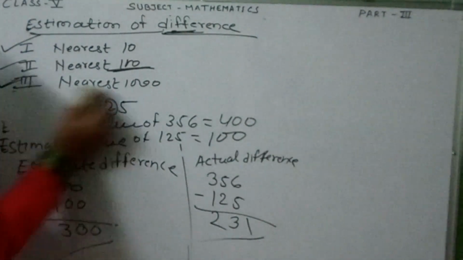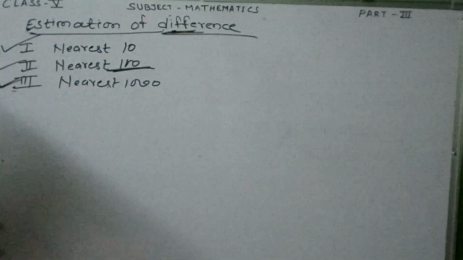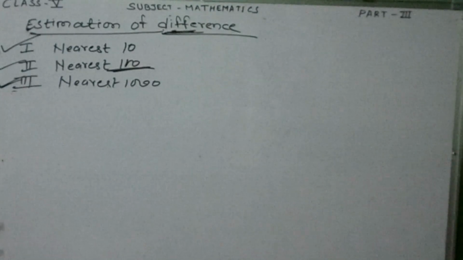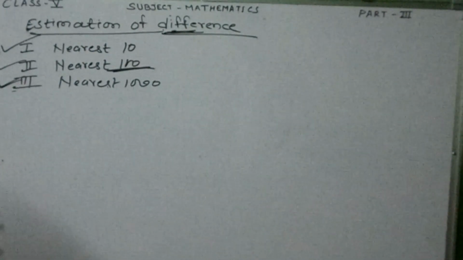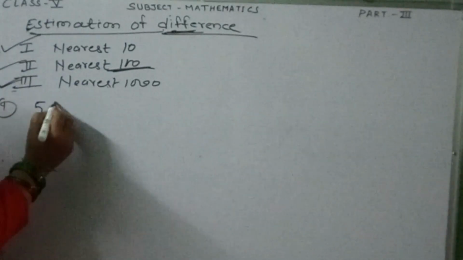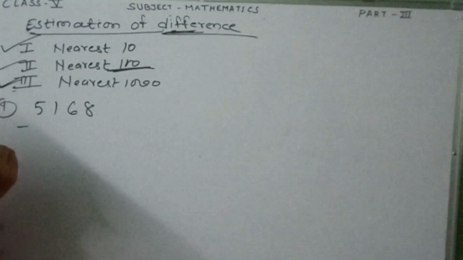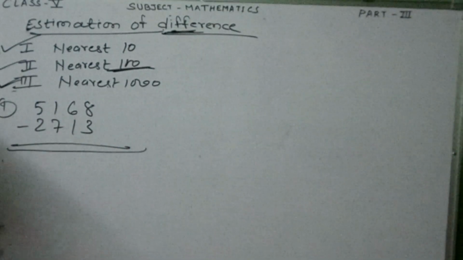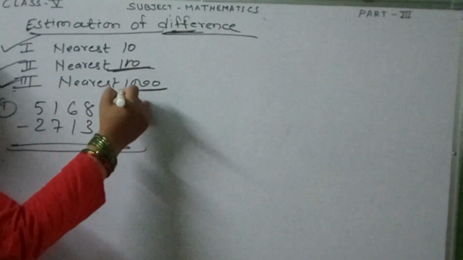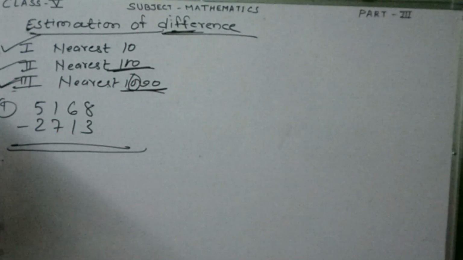The numbers are 5168 and 2713. You have to find the estimate value to the nearest 1000, and in the case of 1000, as I told, we have to check the hundreds digit.